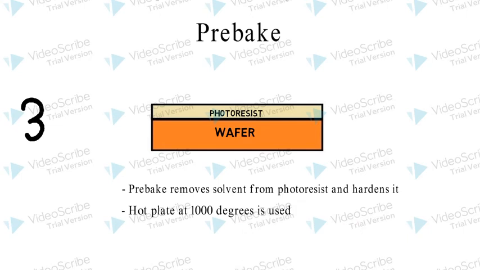For this process, the baking time is 5 to 30 minutes and the temperature range for the substrate is 60 to 100 degrees Celsius. However, sometimes pre-baking poses a problem as a temperature above 70 degrees can lead to damage and fractures in the photoresist. So temperature and time of pre-baking is carefully monitored.